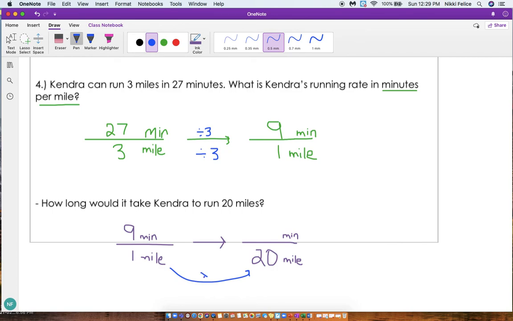Well, we multiply by 20, which means up here in my numerator, to keep this rate equivalent, I would also have to multiply by 20. I would have to do 20 miles times 9 minutes per mile, which is 180 minutes. So it would take Kendra 180 minutes to run 20 miles.